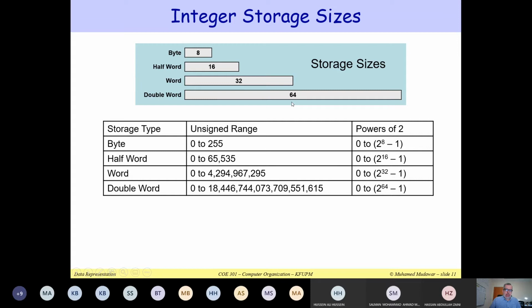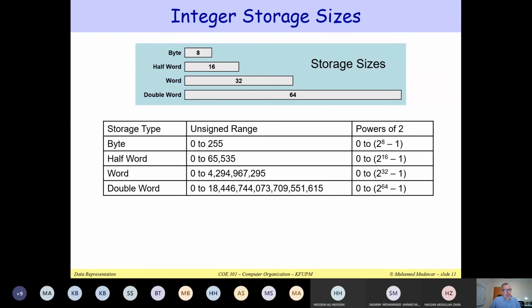Double word can be used for long integers, 64-bit integers. We can also have 64-bit integers if you would like to store them in memory. In the 64-bit architecture, each register will be 64 bits. But in the 32-bit architecture, each register is only 32 bits. So if you would like to store a 64-bit double word, you need a pair of registers.